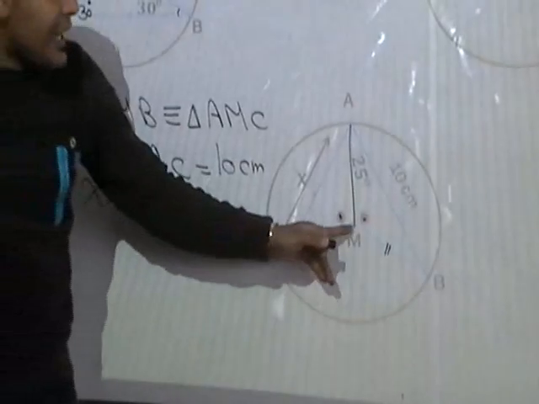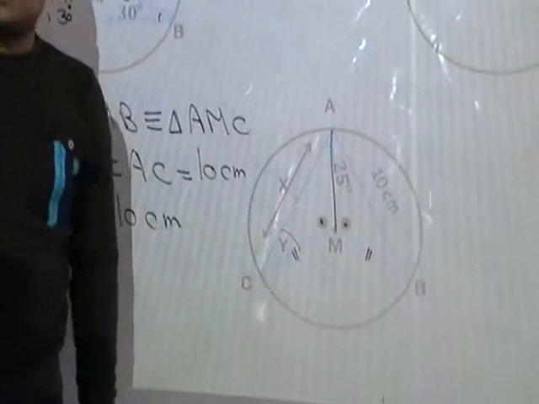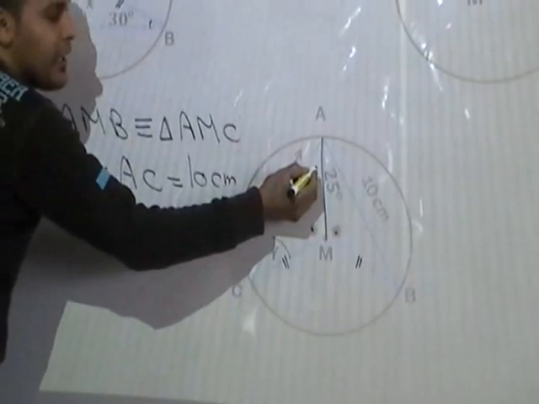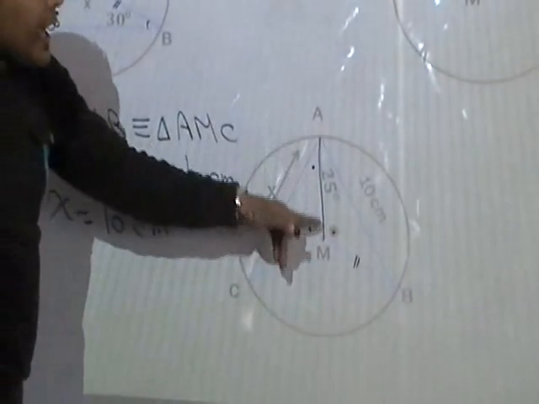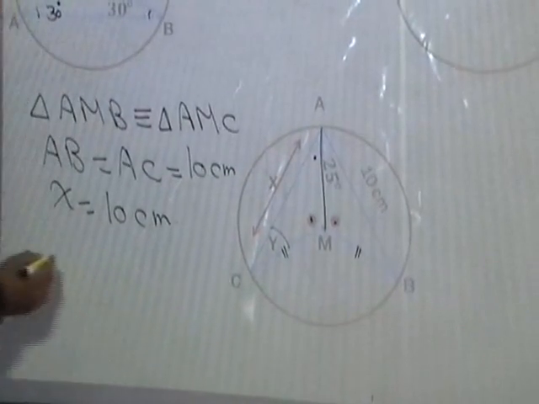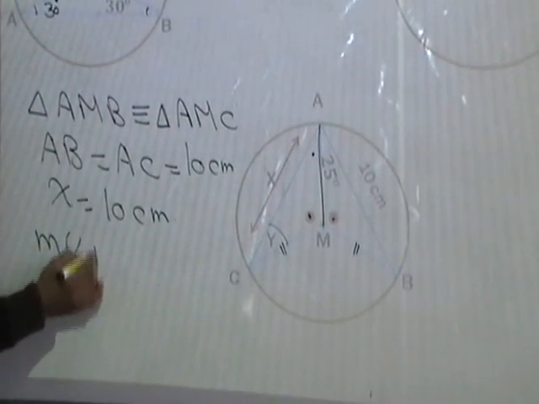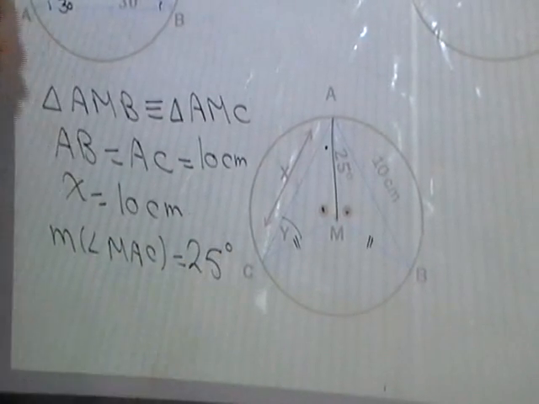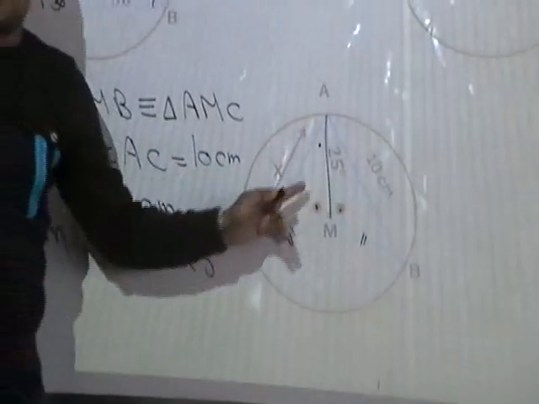I have the measure of angle MAB equals 25. We can see that. Also the measure of angle MAC equals 25. Why? Because the two triangles are congruent.